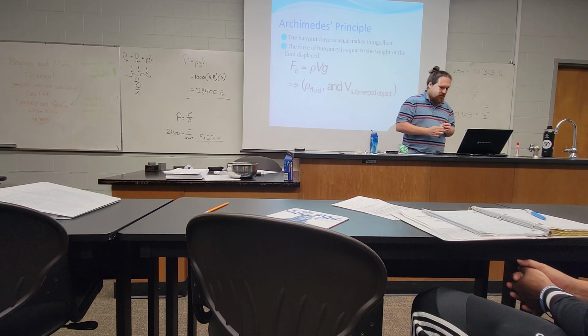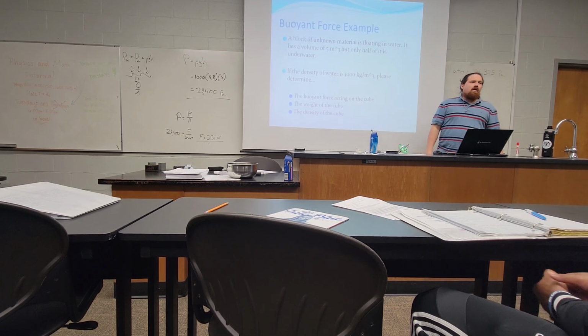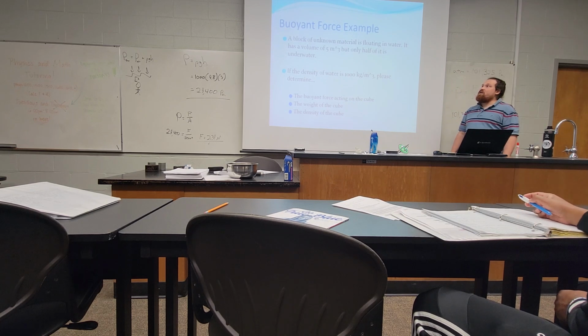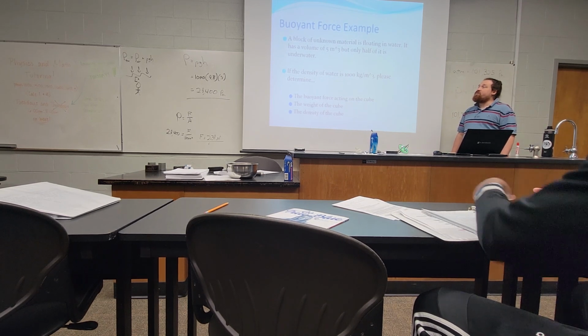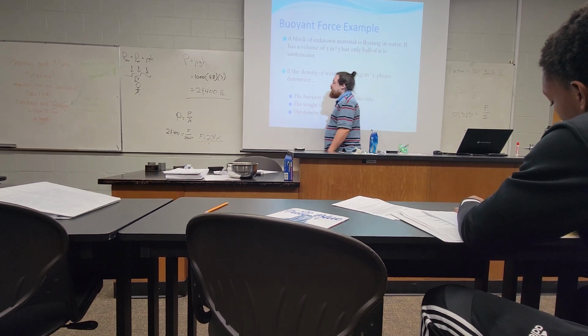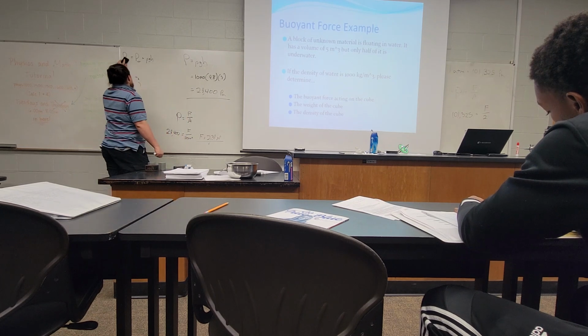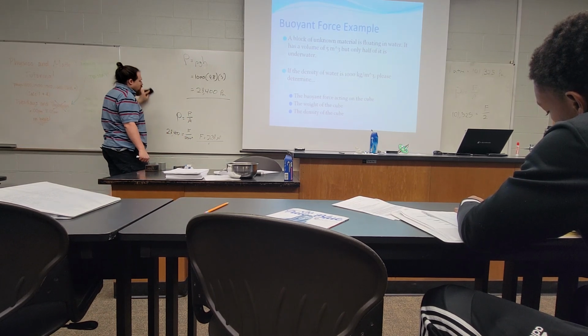All right. We have a brick of unknown composition floating in water. The object has a volume of 5 meters cubed, but only half of it is under the water's surface.